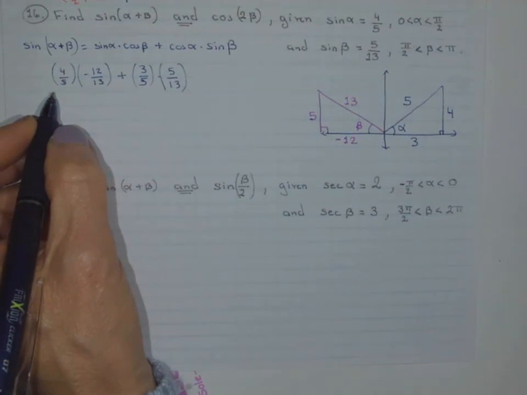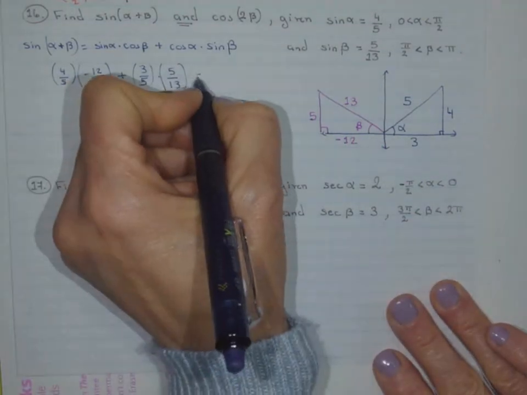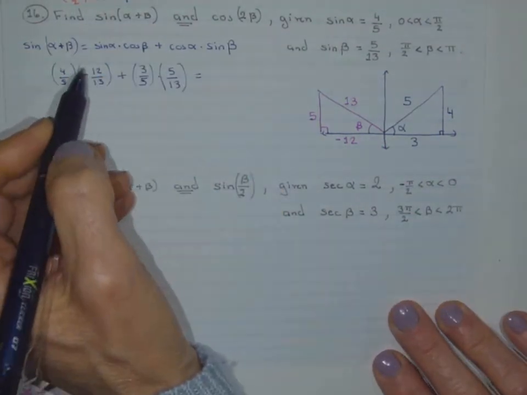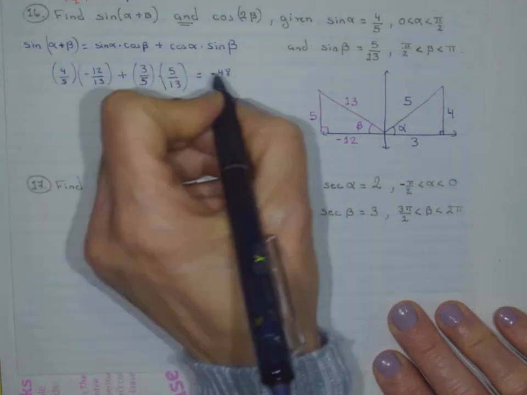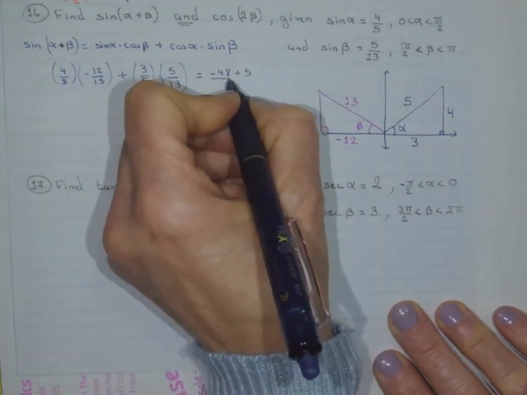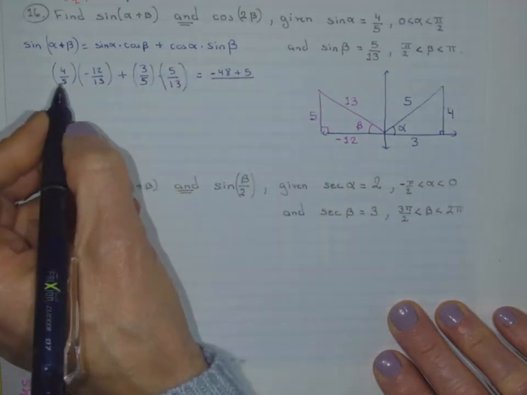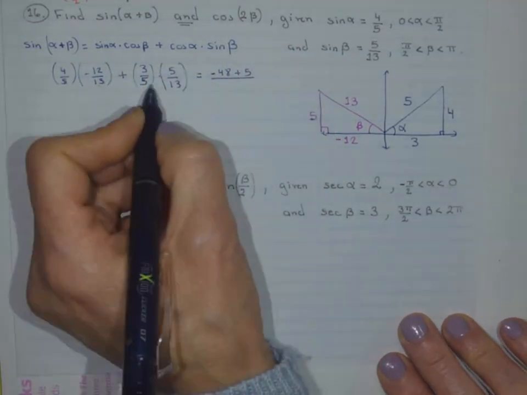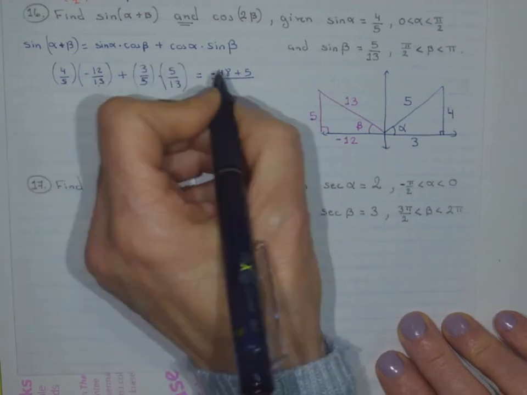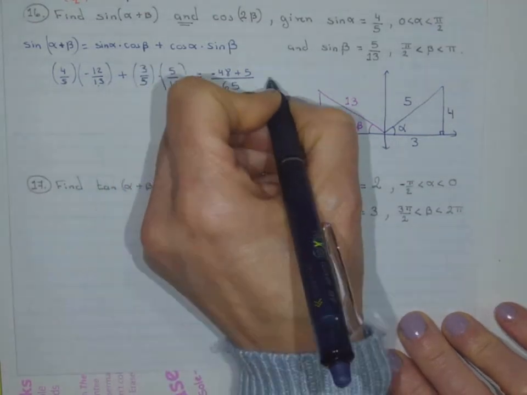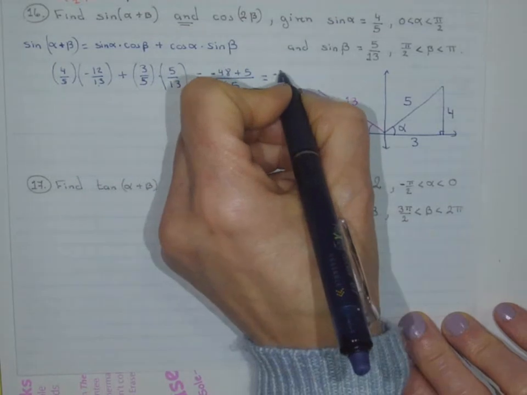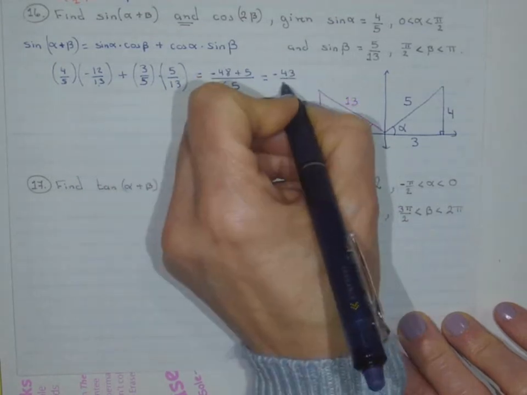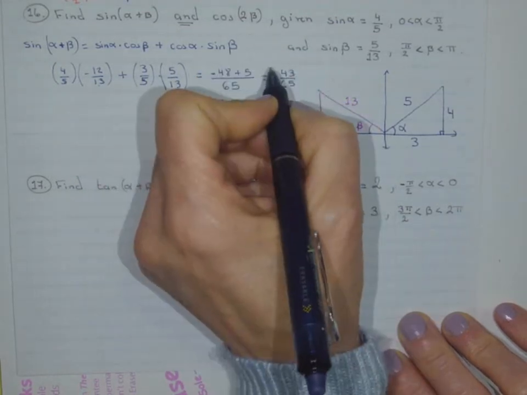And now it's just a matter of simplifying all of that, right? So it's going to be 4 times the negative 12, that's negative 48. 3 times 5 is 15, and all of that is going to be over a common denominator, right? Because we have 5 times 13 and 5 times 13, so that will be 65 as a common denominator, and therefore negative 48 plus 15 is negative 33 over 65.